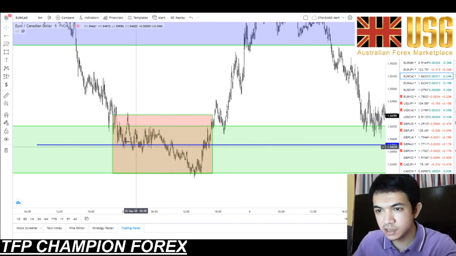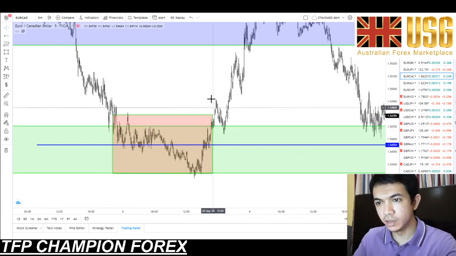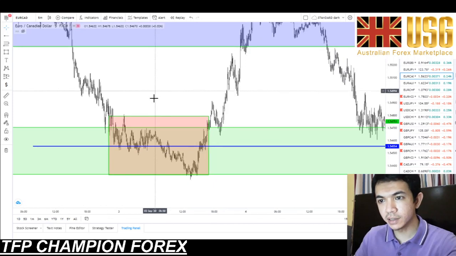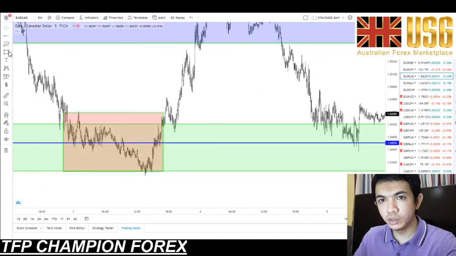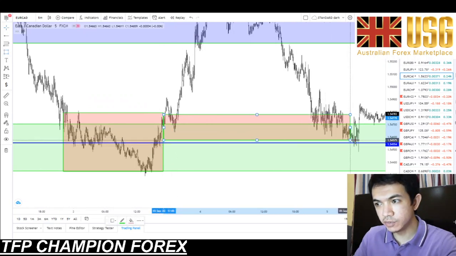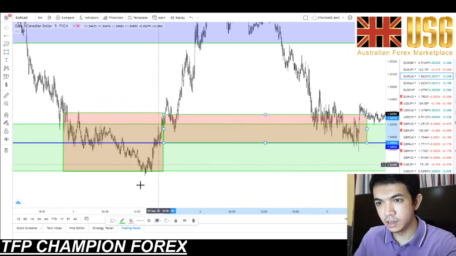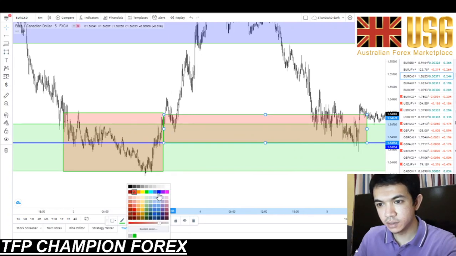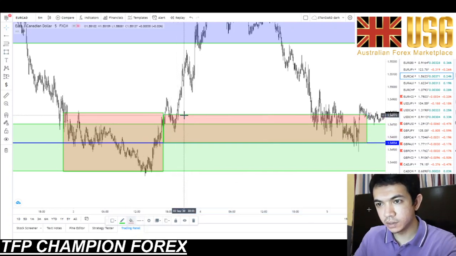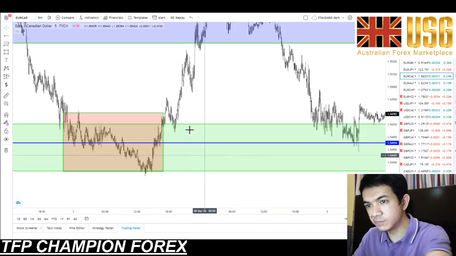So this is my 50% level. If I want to buy this market, I want to buy only within this 50% level, not passing beyond this 50% level.